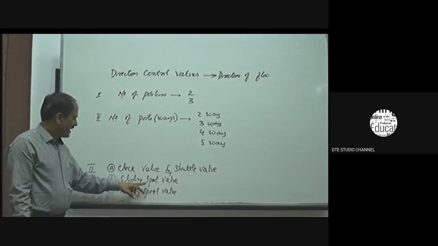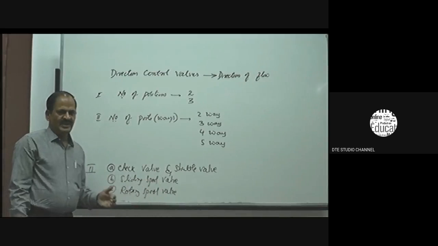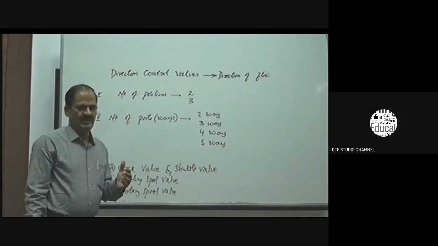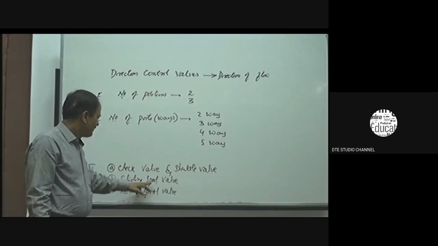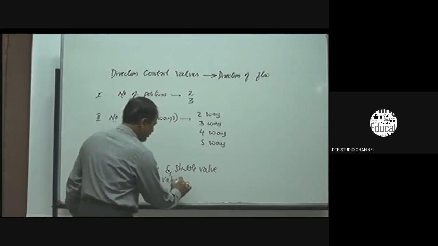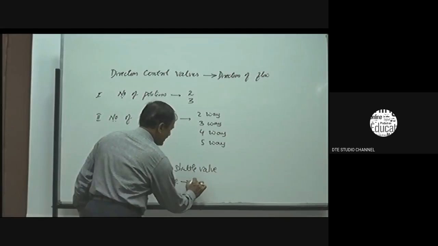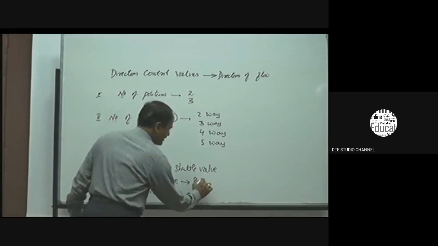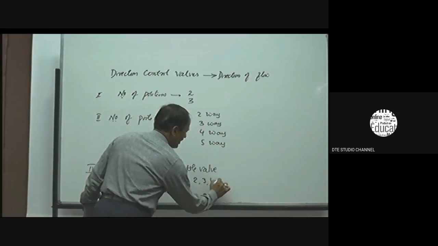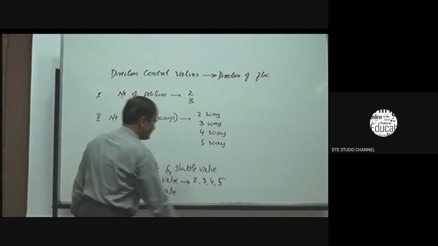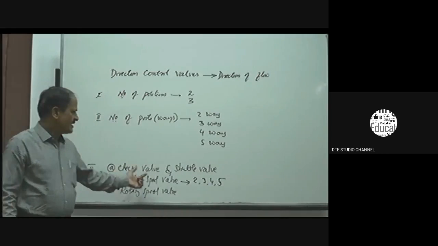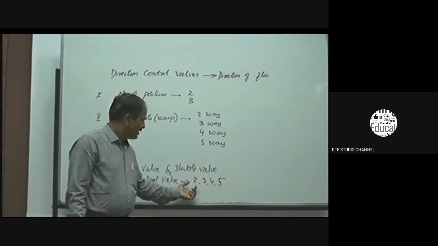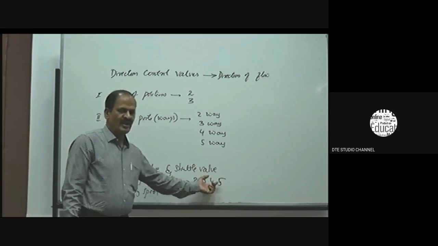In the second type, sliding spool valve, there is a sliding valve inside the valve body. Depending upon the number of ports made, it is classified into two-way, three-way, four-way, or five-way valve.